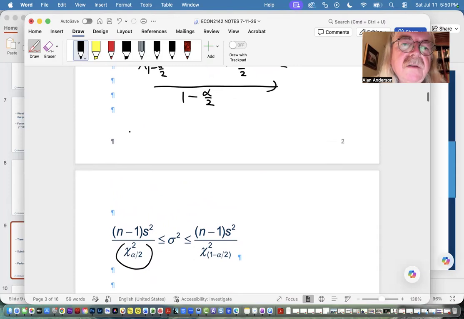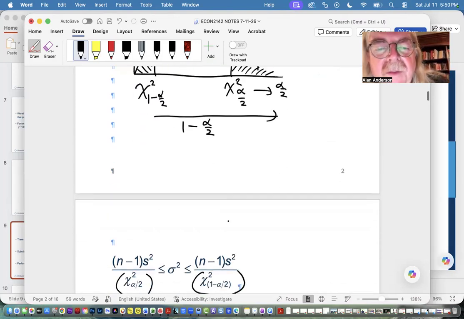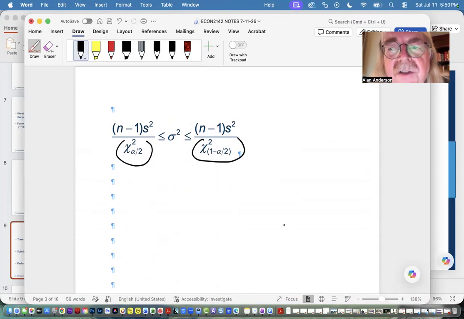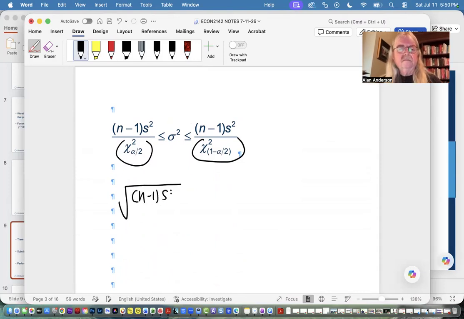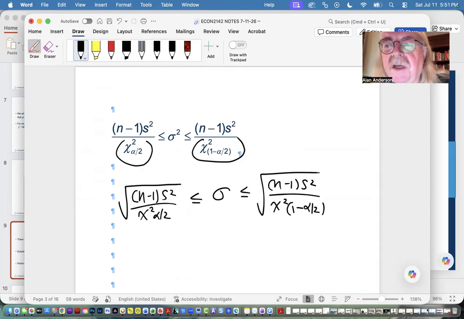And then, of course, this is the smaller of the two, and that goes here so that this ratio is the larger of the two. If we want to do the same thing with standard deviations, it's just a simple matter of taking square roots. All right. So those are our two basic confidence intervals.